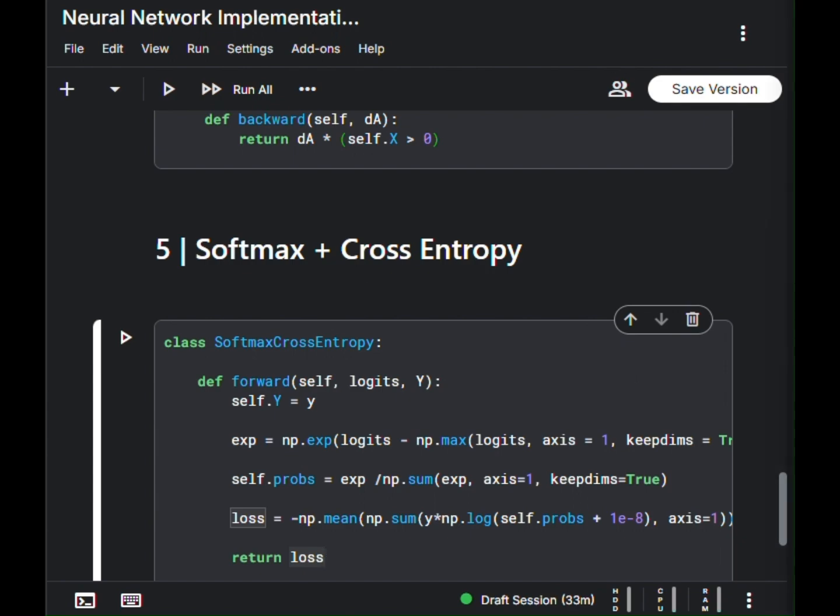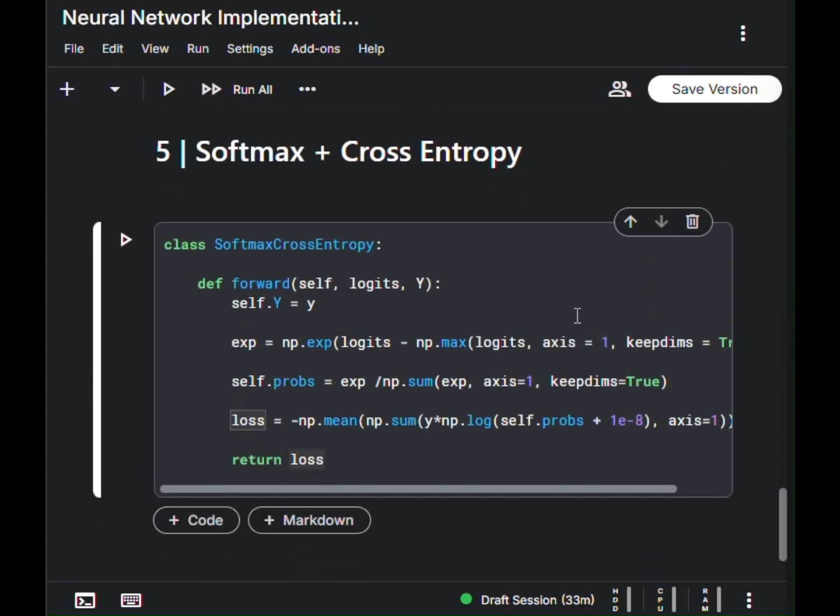Now what this does is, this function takes the raw unscaled outputs, which are logits, from the final dense layer.